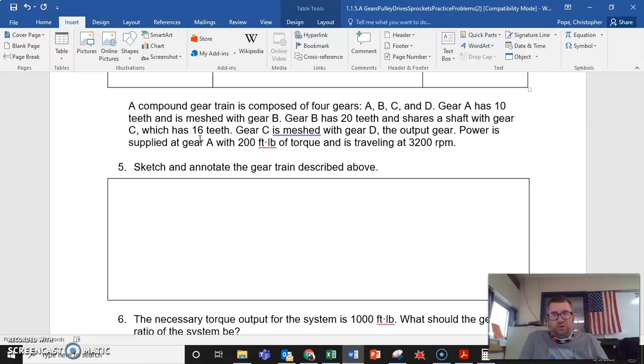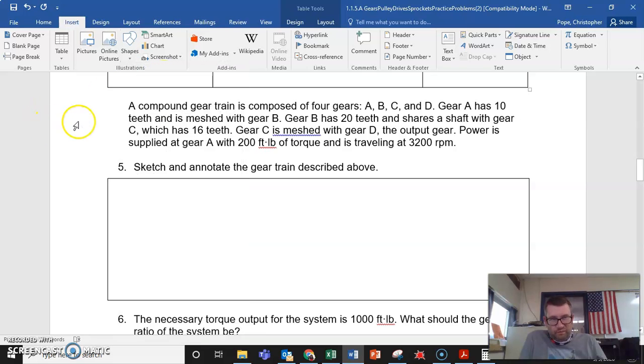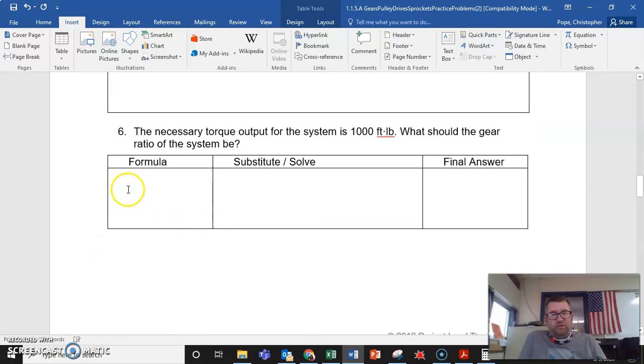Gear C is meshed with Gear D, the output gear. So again, you have 4 gears this time, but 2 of them are on the same shaft. You would use your different color circles to draw those and put those teeth in.